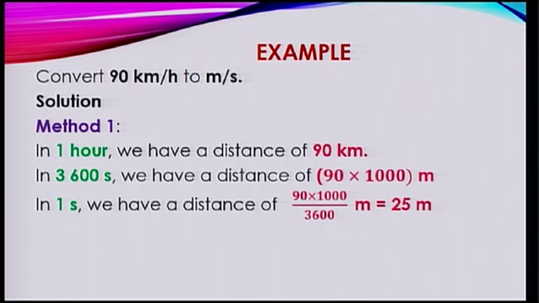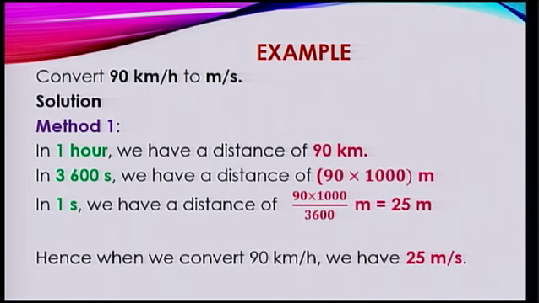So that will be 90 times 1,000 divided by 3,600. You will get 25 meters. Hence, when we convert 90 kilometers per hour, we have 25 meters per second.